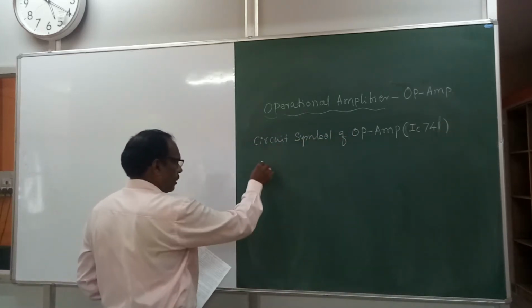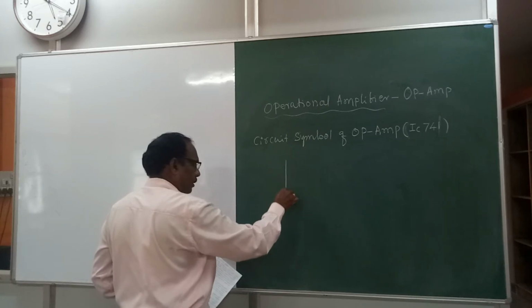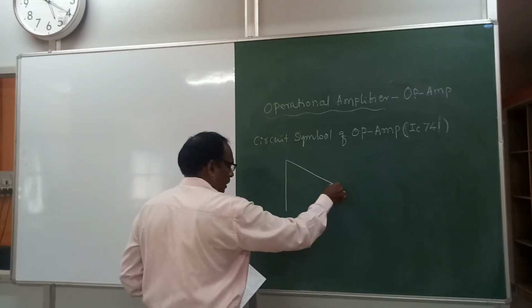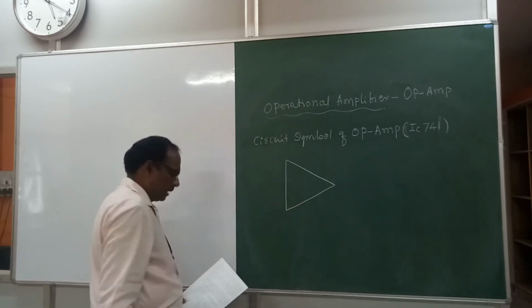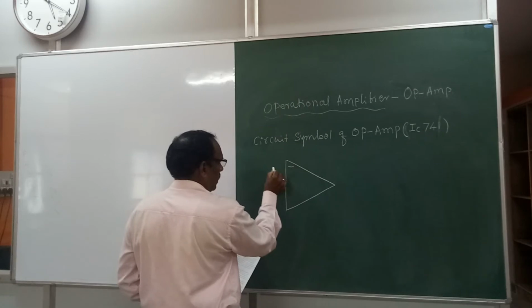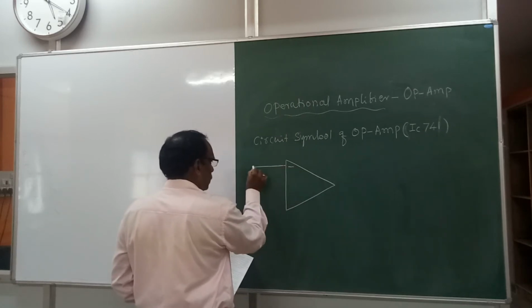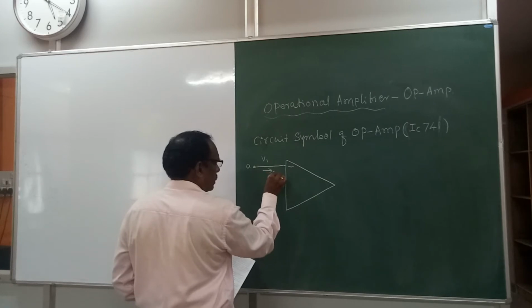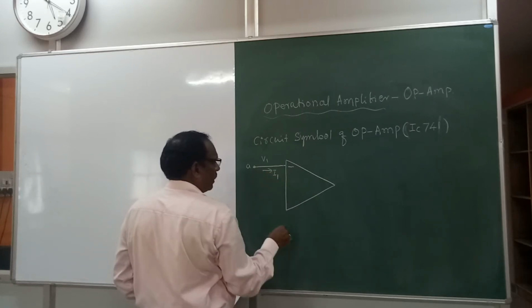Let us draw this. Let me draw a triangle here. This is pin A, for the time being called V1, with current I1.